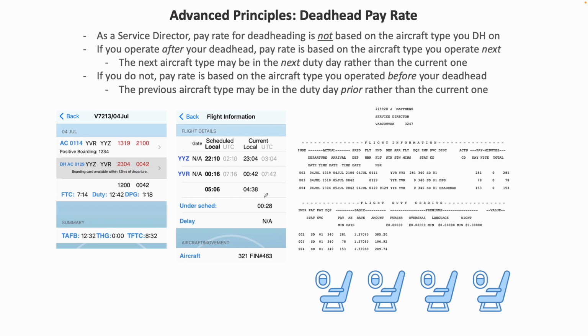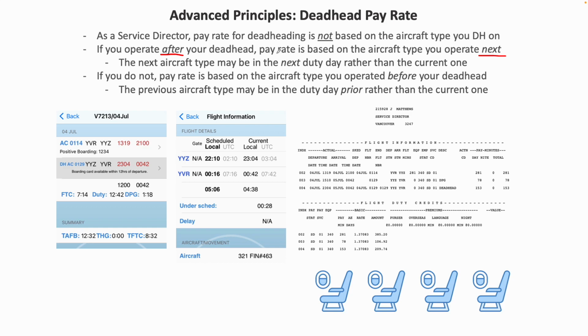So instead, there is a different practice that is used to determine how you are paid for deadheads. If you operate after your deadhead, meaning that you deadhead on your first leg and then operate on your second leg, the pay rate for your deadhead is based on the aircraft type you operate next.